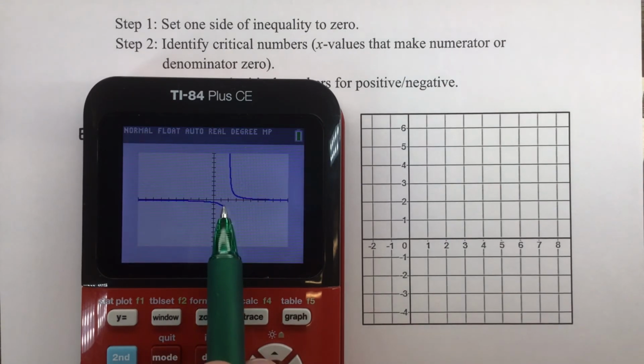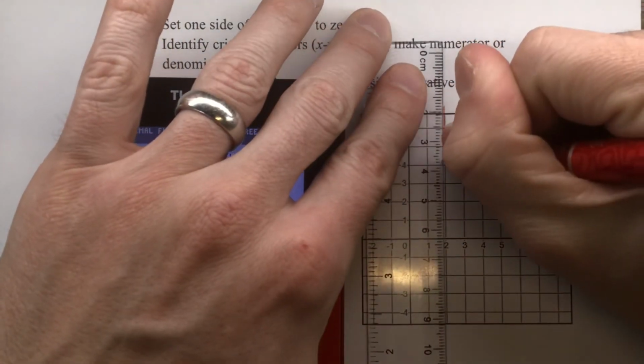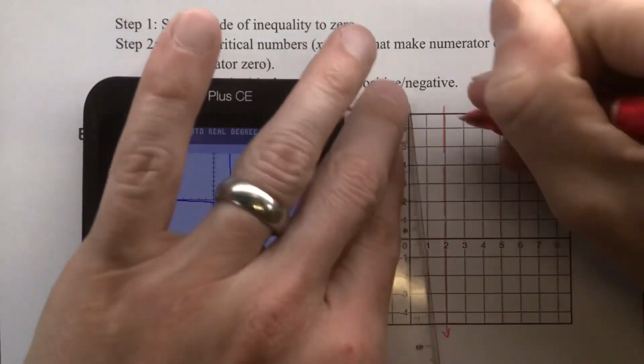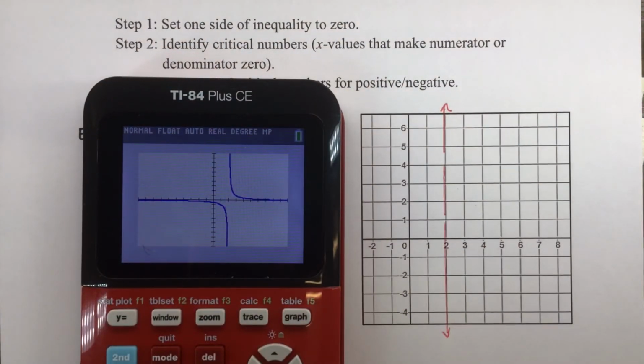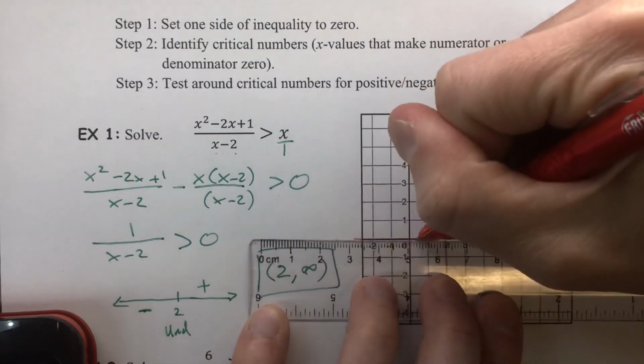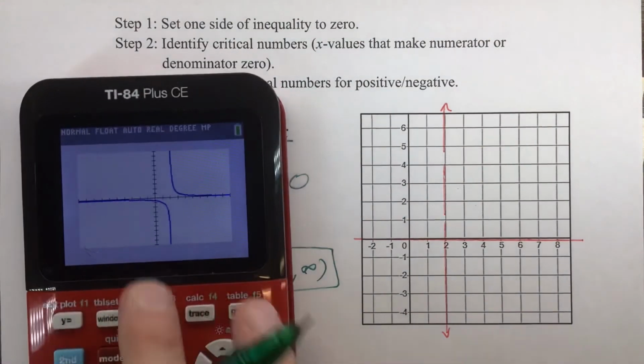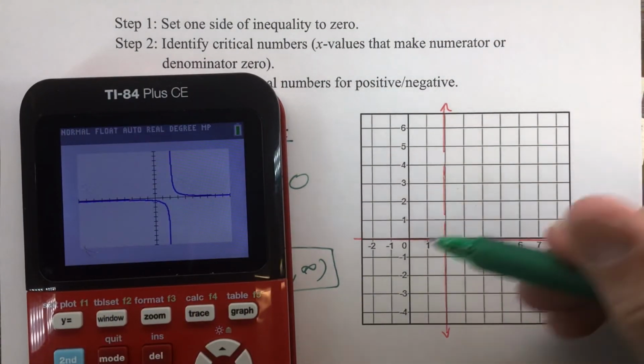We do have a vertical asymptote at 2, which was suggested before. In addition, we do have a horizontal asymptote at the x-axis. We could go ahead and add that in if we wanted. The graph is going to exist here and here.